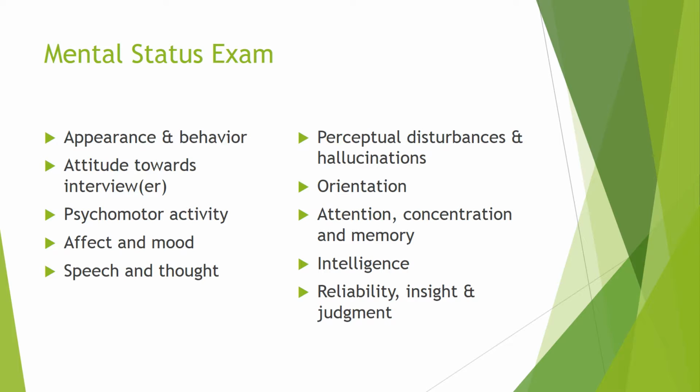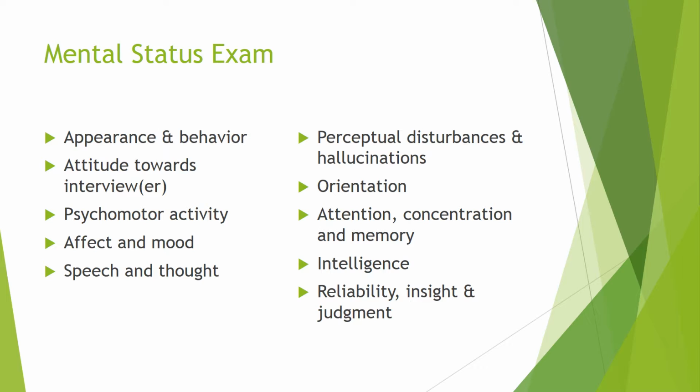We look at are they reporting or do they appear to be experiencing either some disturbance perceptually or also responding to or reporting auditory, verbal hallucinations, things that they are experiencing that aren't things that people around them are experiencing. Orientation is a fairly simple concept, but basically we're looking to see if the person understands the common things.